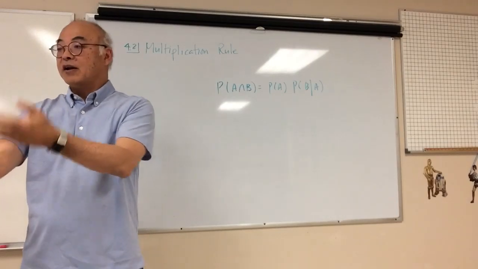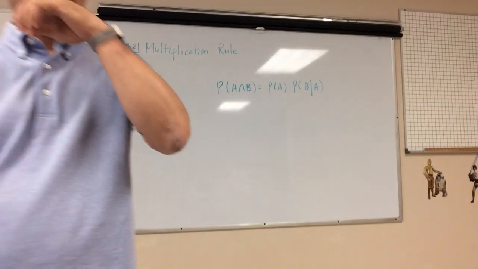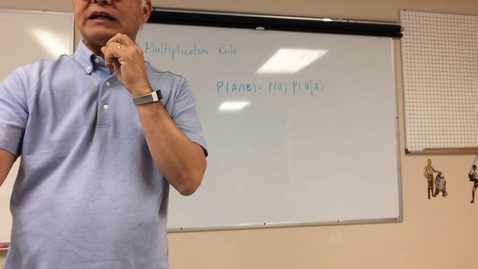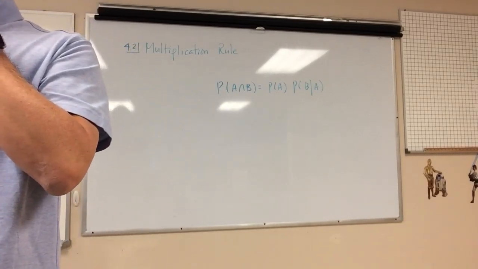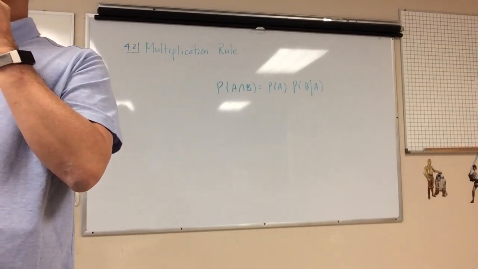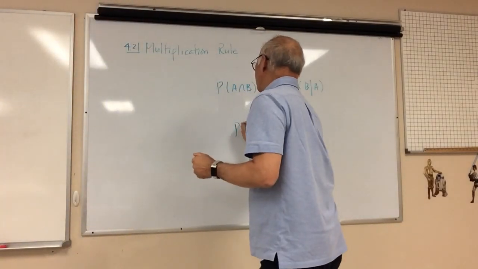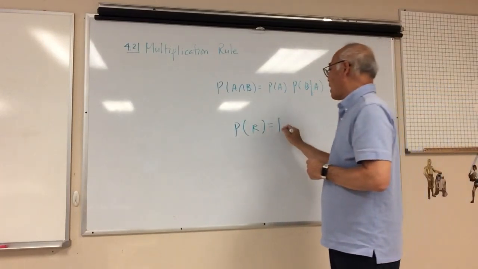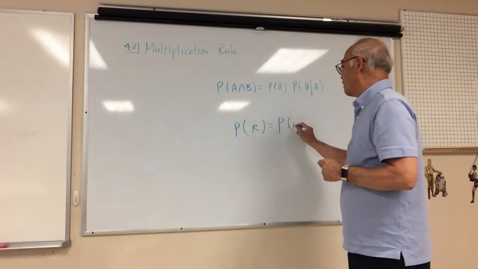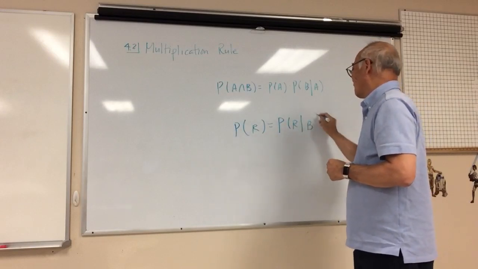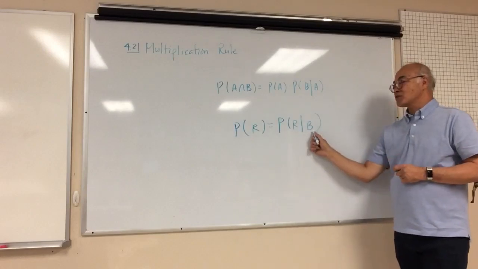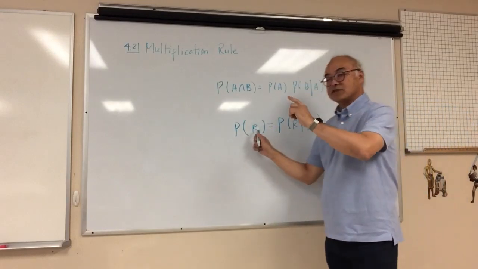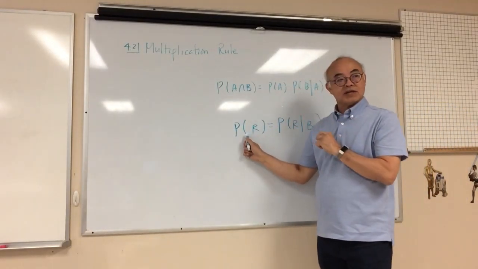You're wearing red, he's wearing blue. But the probability of him wearing blue is independent of whether or not Evan's wearing red. In other words, given that Spencer is wearing blue, the probability of you wearing red is the same as just you wearing red. Does that make sense?